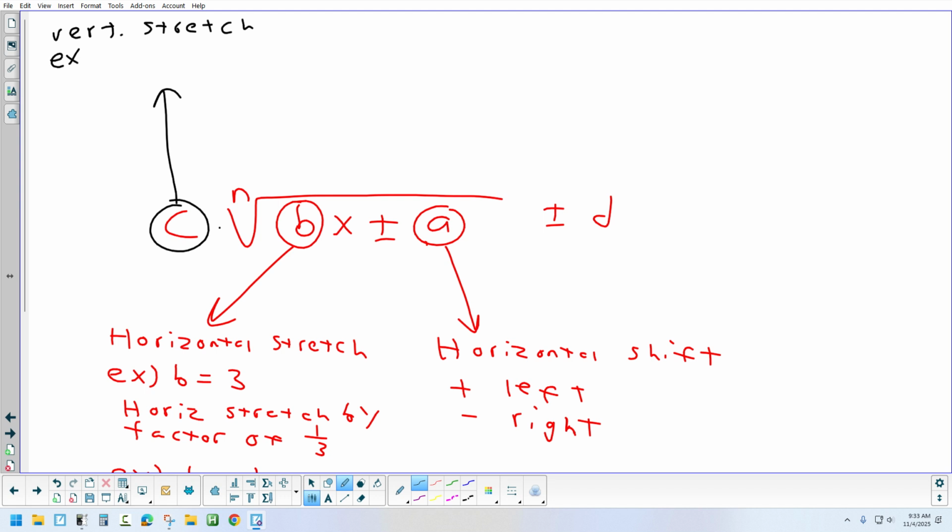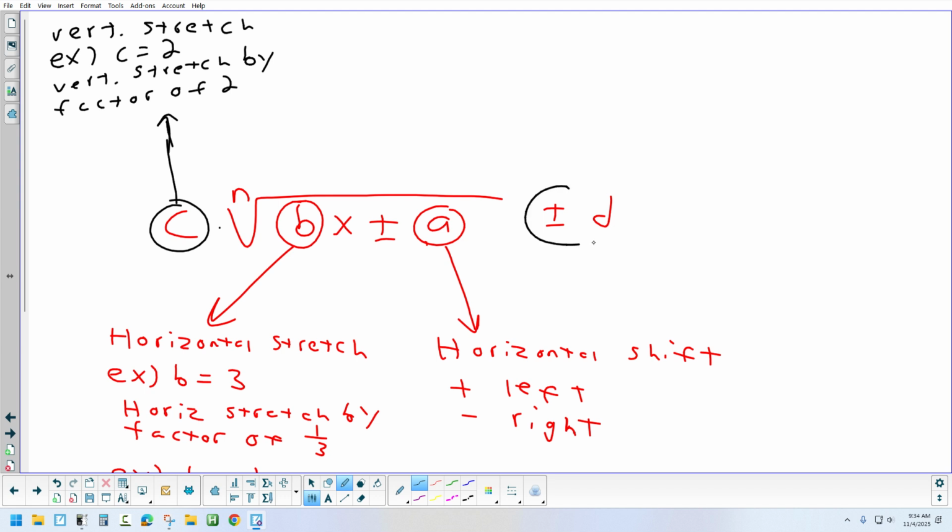So I'll just do one example. Let's say C was 2. You would say vertical stretch by factor of 2. Okay, so that's what C does.